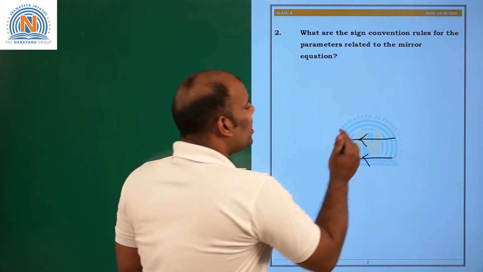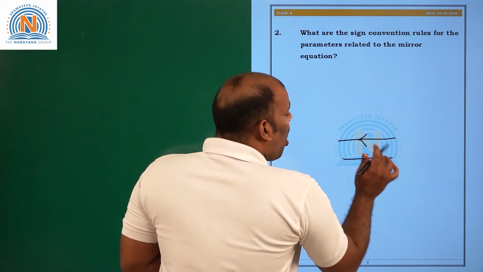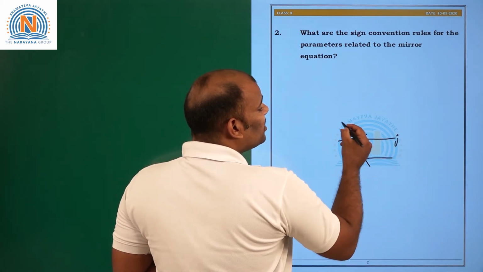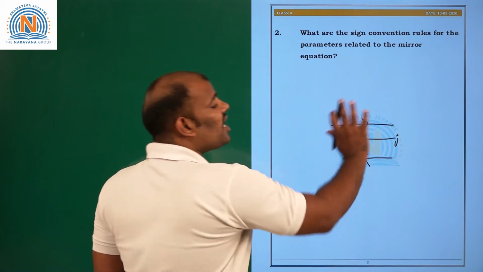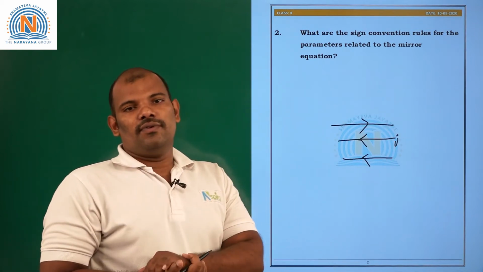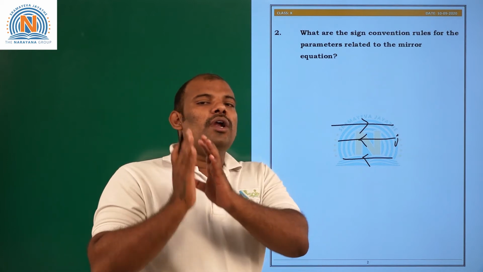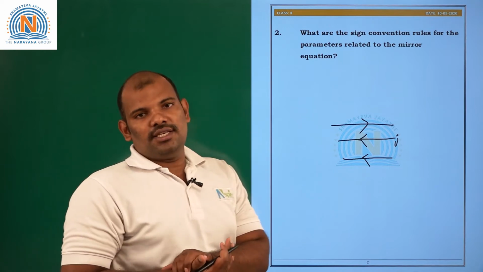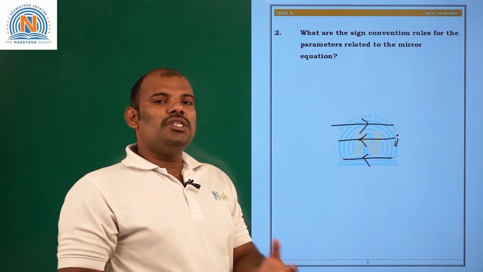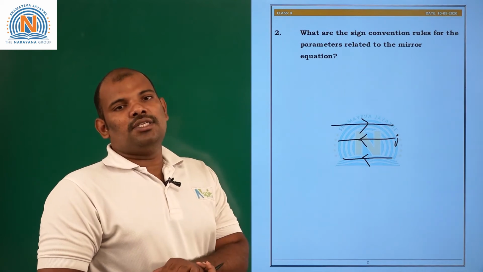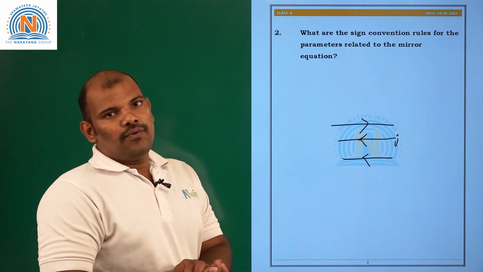If you are measuring the distance opposite to the direction of incident ray, then it is taken as negative. The third point, the objects which are placed above the principal axis are taken as positive. The objects which are placed below the principal axis are taken as negative.